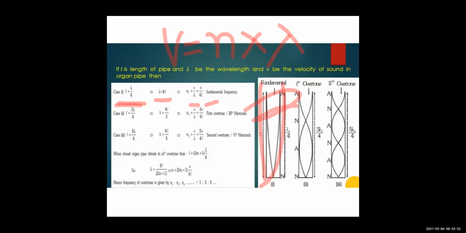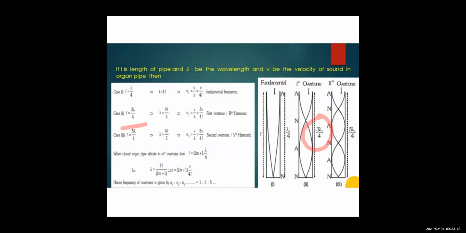In the second case, the total length is 3 lambda by 4. So L equals 3 lambda by 4 and lambda equals 4L by 3. So frequency is velocity upon 4L by 3, and 3 goes in the numerator, so it is 3V upon 4L.